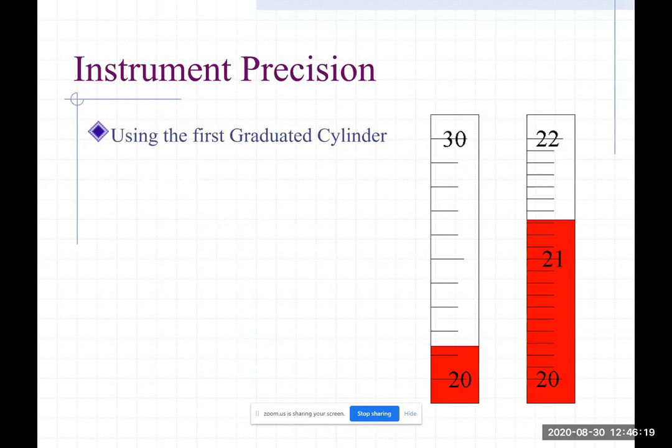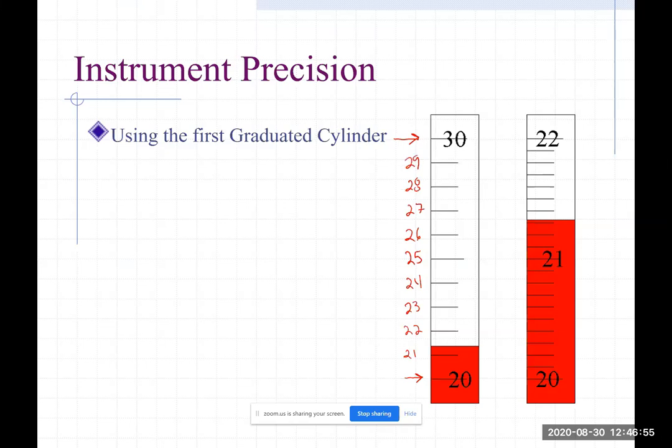So we look at this graduated cylinder and we say, okay, this is 20, it's labeled, and this calibration mark up here is 30. It's also labeled. But that means that this one must be 21, 22, 23, 24, 25, 26, 27, 28, 29, and then 30.